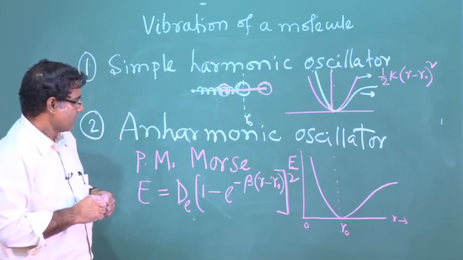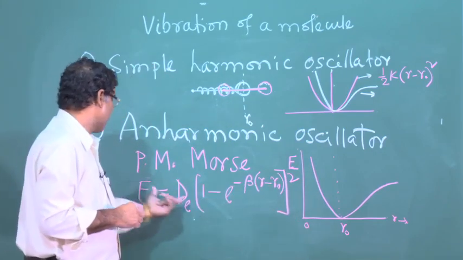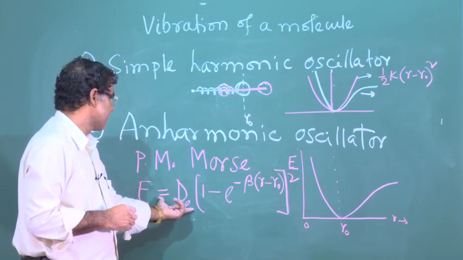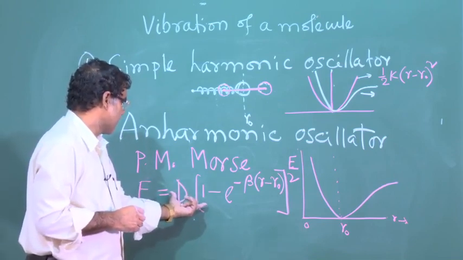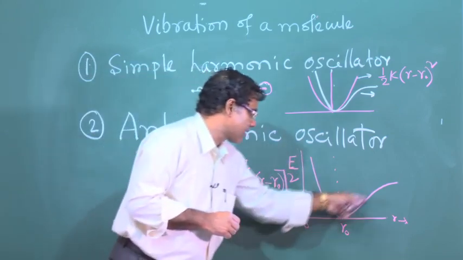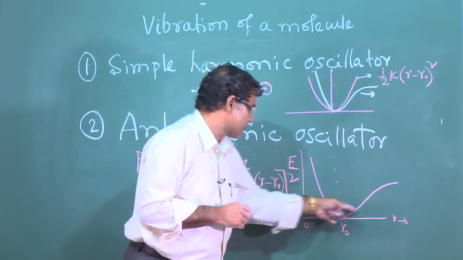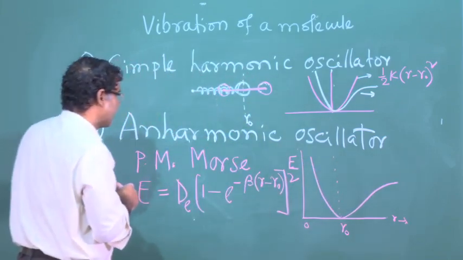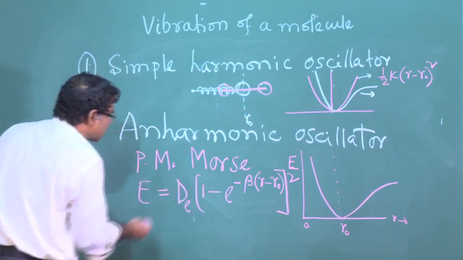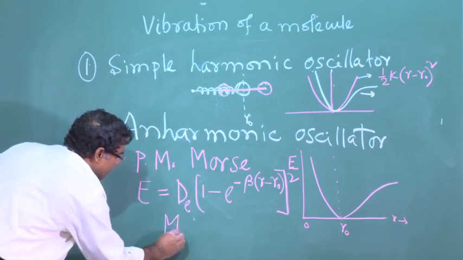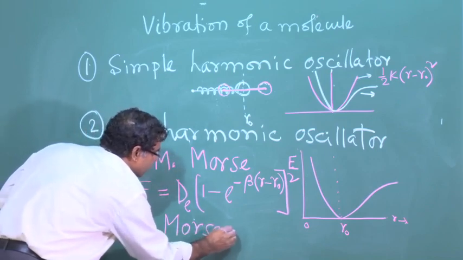This is a purely empirical formula, but it fits the experimental observation, and this potential energy curve follows this function, which is called the Morse function.